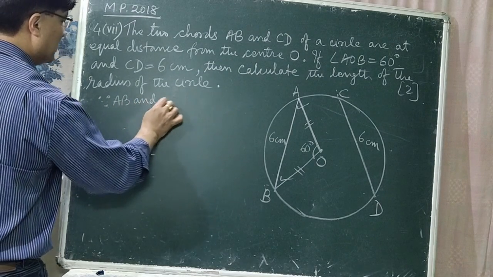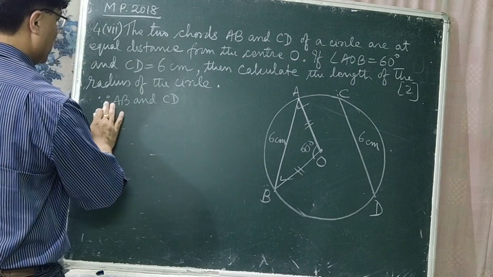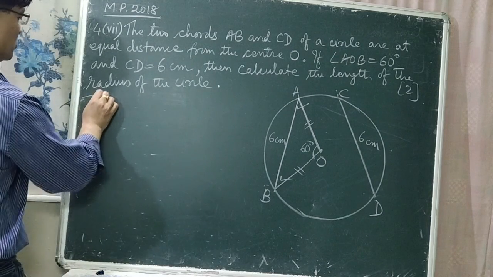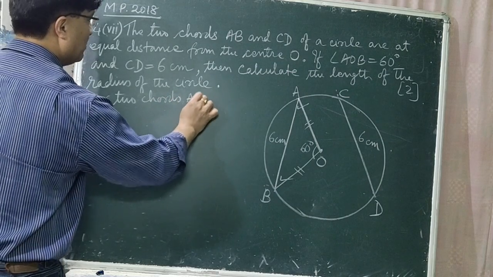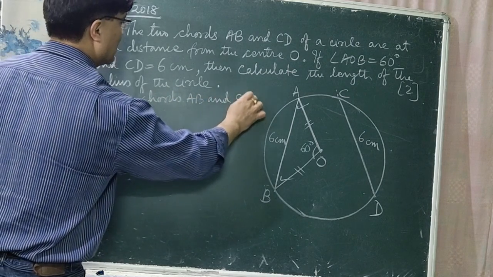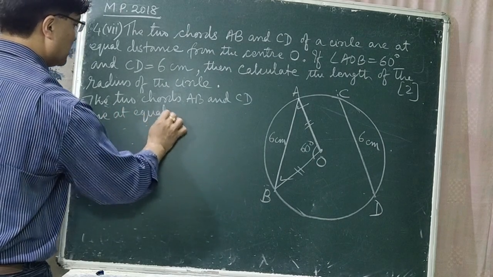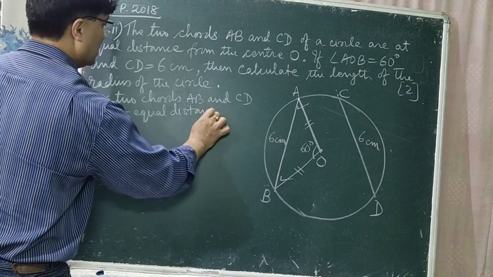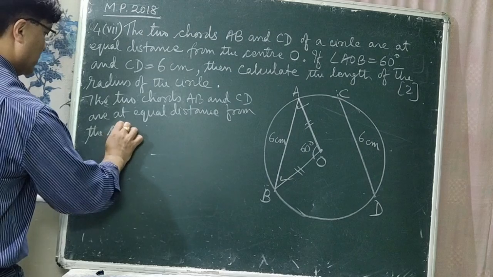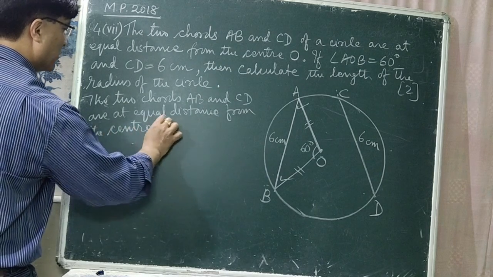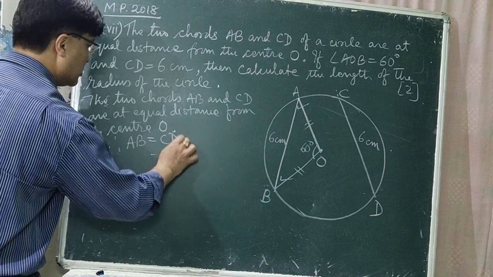Now let us write here, since the two chords AB and CD are at equal distance from the center O, that means you can write AB is equal to CD.